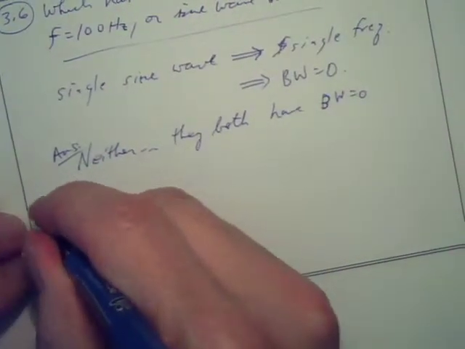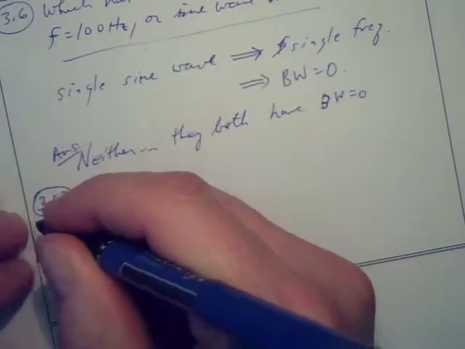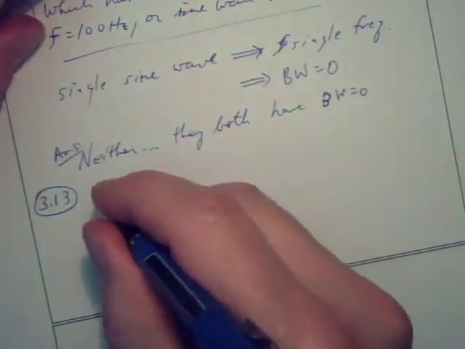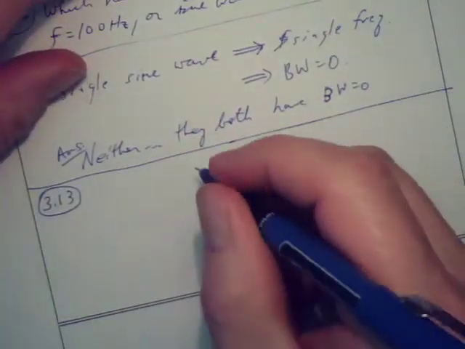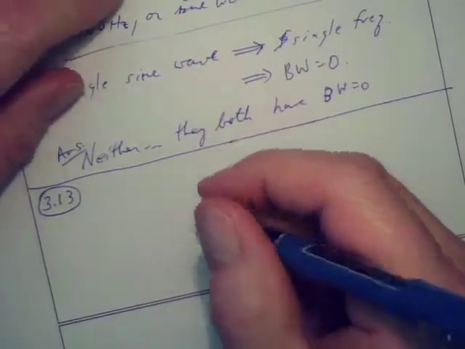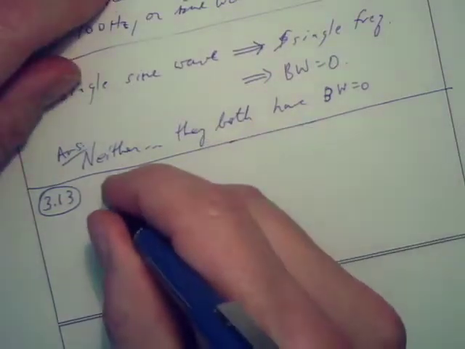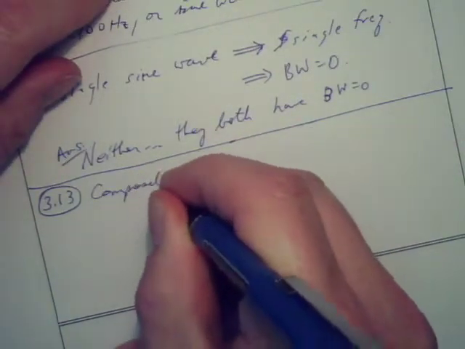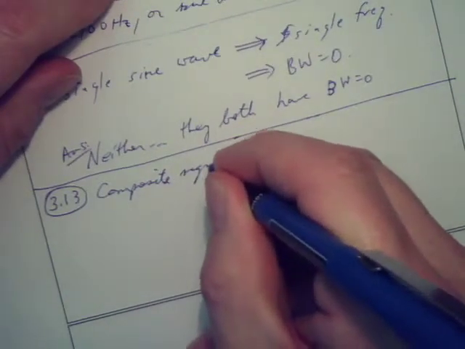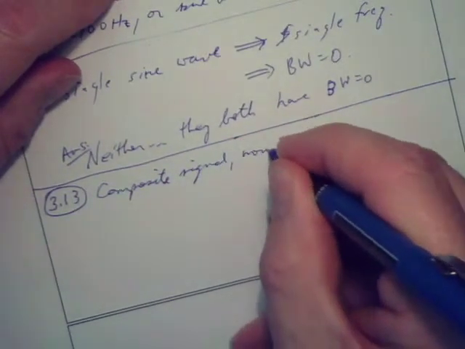So I can draw that. So how do I write this? Non-periodic composite signal. Non-periodic.